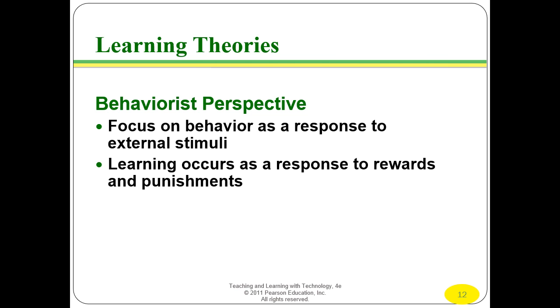And that's the same thing when it comes to learning. It occurs as a response to rewards and punishments. You study hard, you participate in the class, you get an A, you get a good grade. You don't do well, you play around, you miss class, well, you get a bad grade. You get an F. Rewards, punishments.